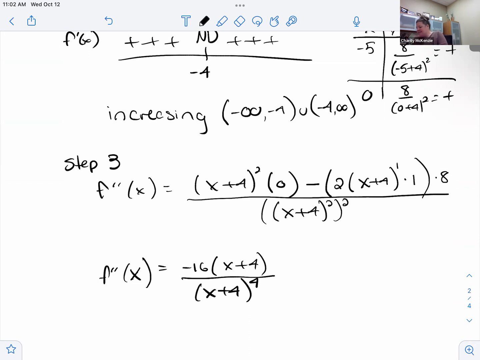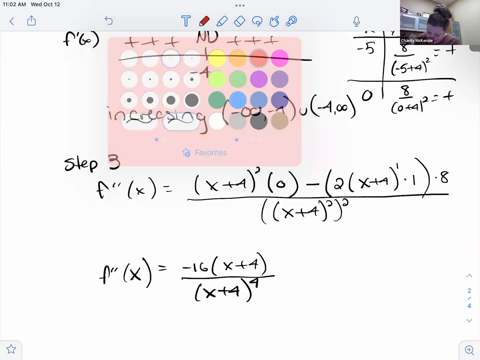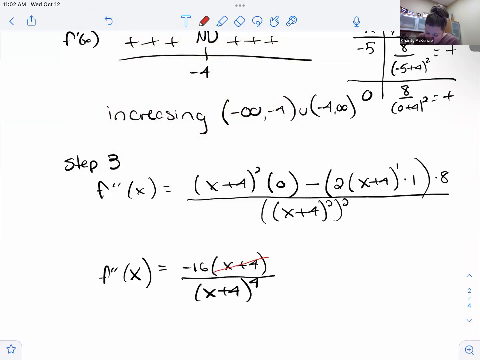Now, why didn't I multiply the (x plus 4) through the 16? Because I can see that one of these will cancel with one of these, leaving 3 of these. So I can simplify this to be -16 over (x plus 4) to the 3rd.